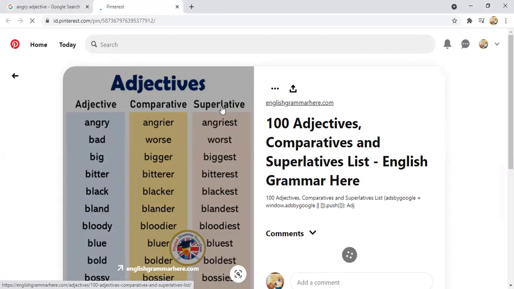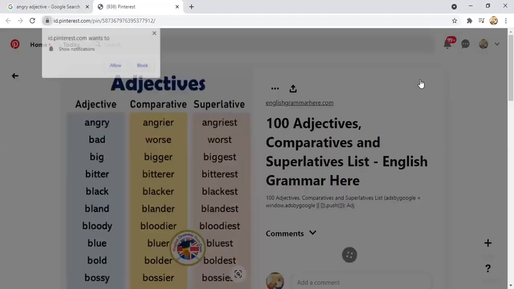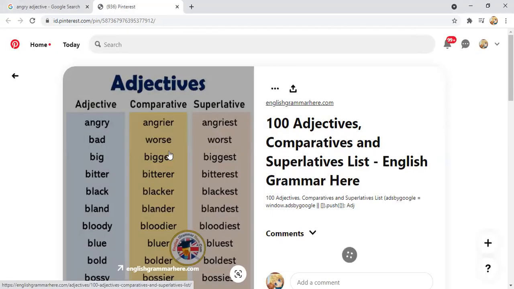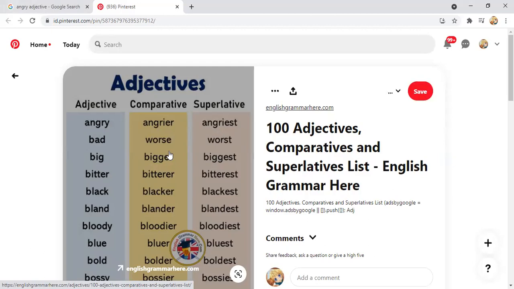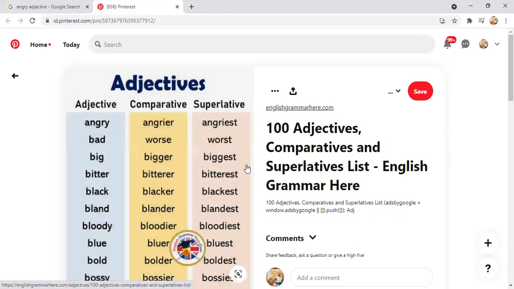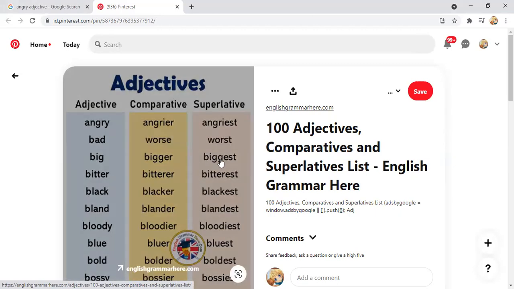And there's comparative and superlative. Comparative is like comparing something, right? When we compare, for example, my shoe size is bigger than my sister's. Jadinya ukuran sepatu saya itu lebih besar daripada ukuran sepatu saudara perempuan saya. Superlative is angriest or tallest misalnya.